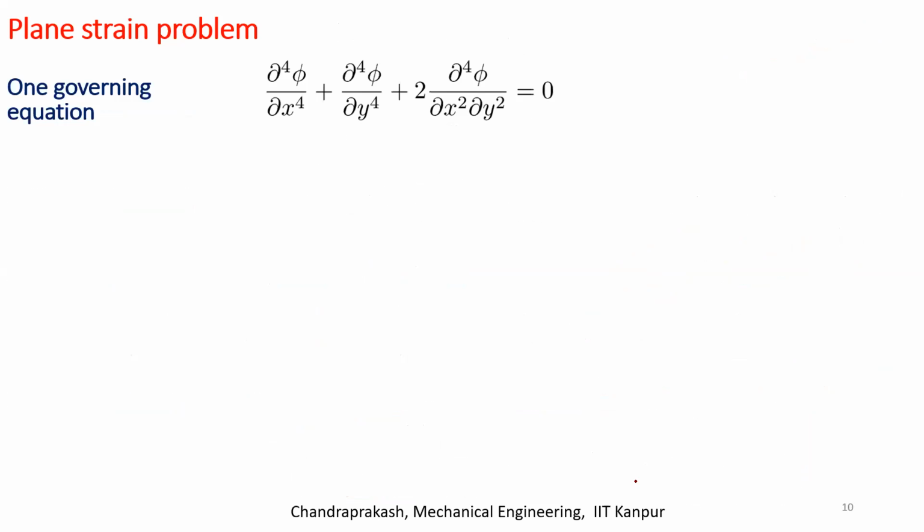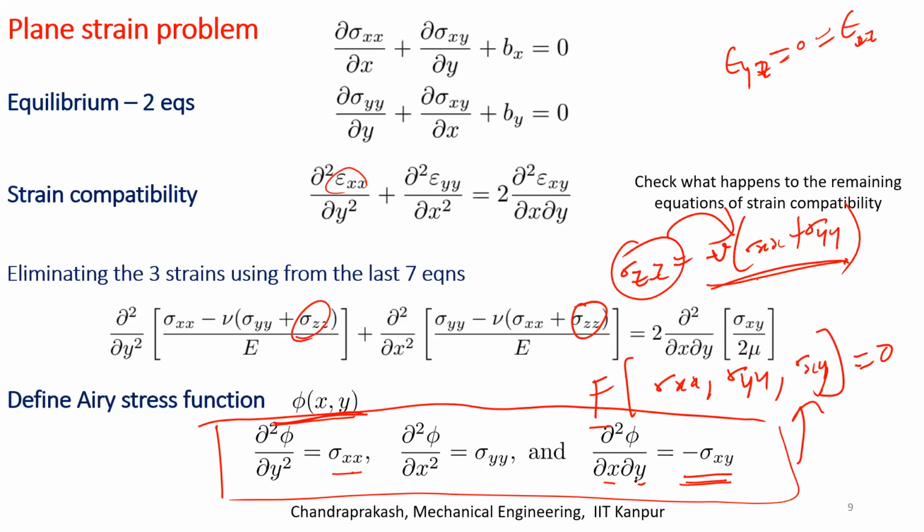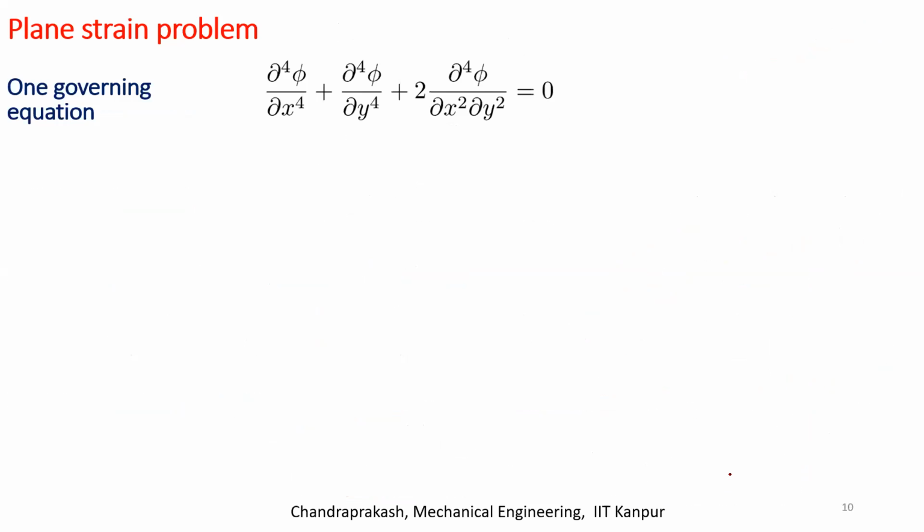I am sincerely suggesting you should not skip the steps. You substitute for sigma zz, come to this equation, which is a function of xx, yy, and xy. Then substitute for sigma xx, sigma yy, and sigma xy as given by the Airy stress function. And then you will end up with this particular equation.